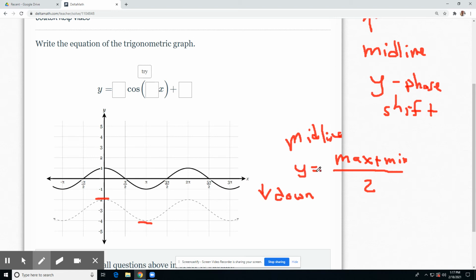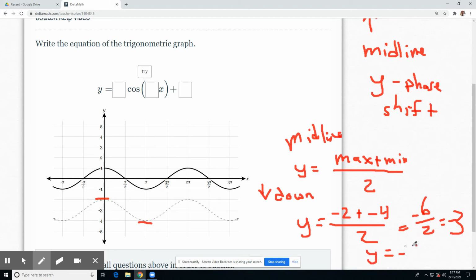And this is y equals. So y equals, our max is -2, plus our minimum is -4, divided by 2 is -6 divided by 2, or -3. Y equals -3 is our midline.